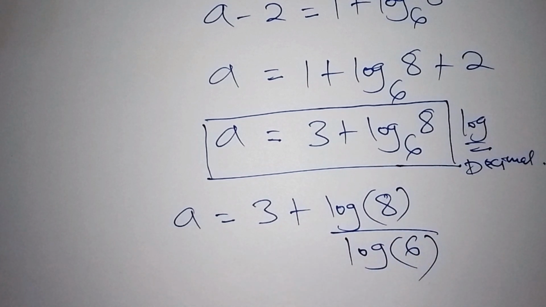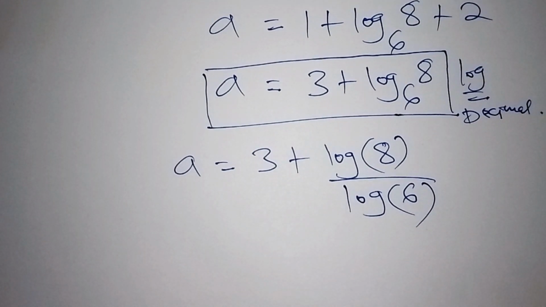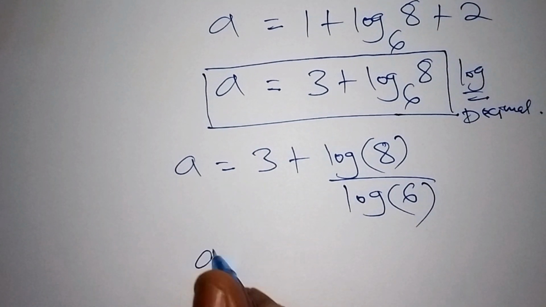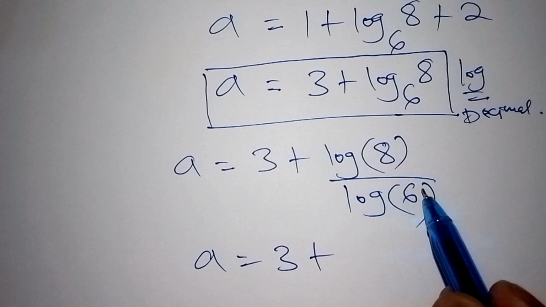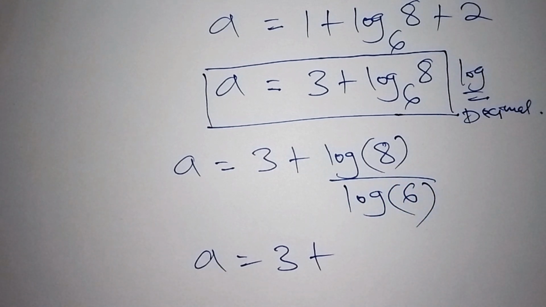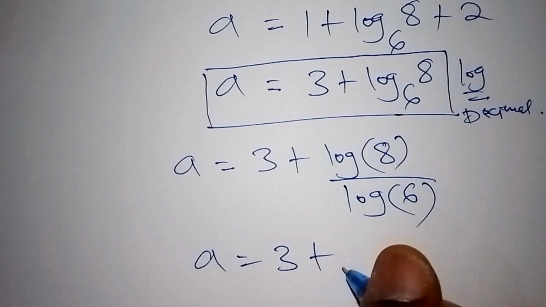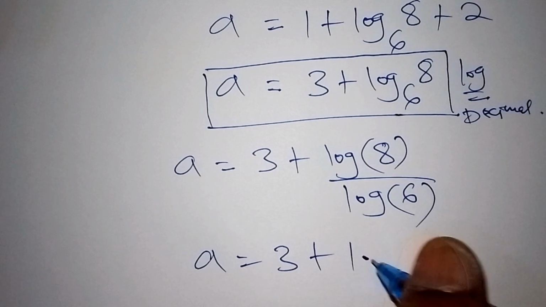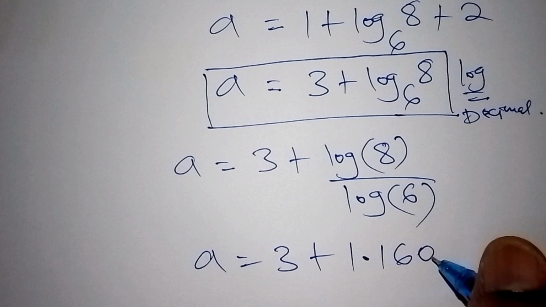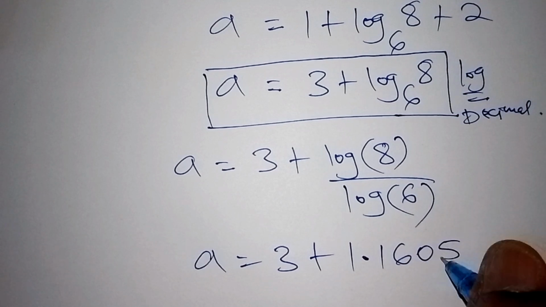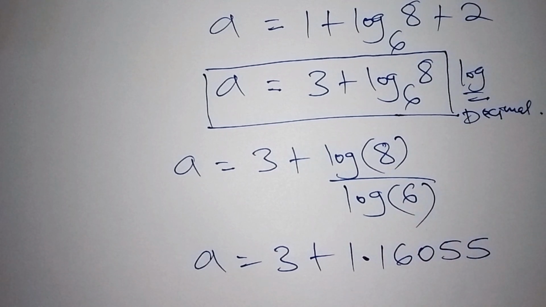Using our calculator, the log of 8 divided by the log of 6 gives 1.1605.